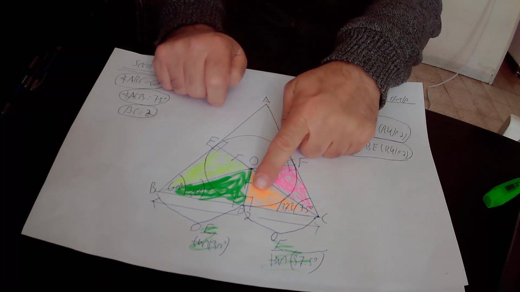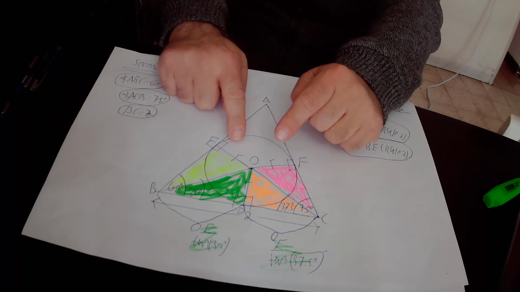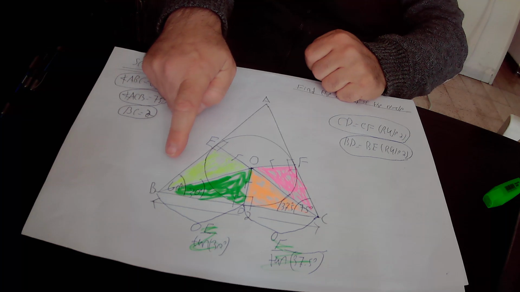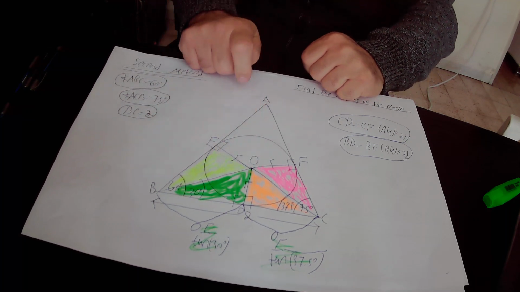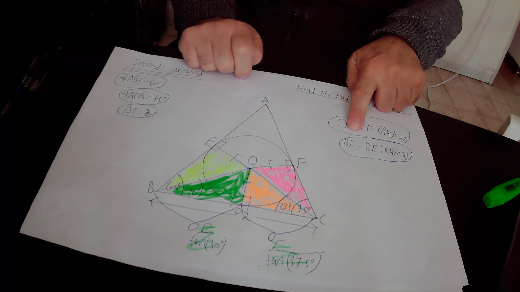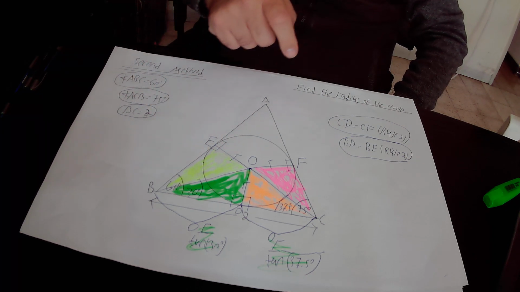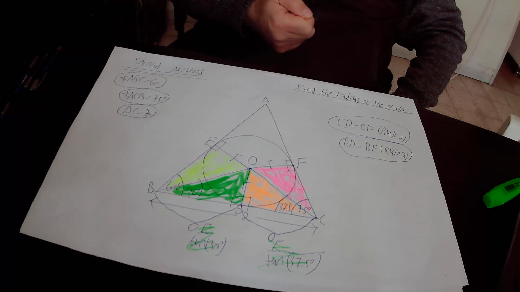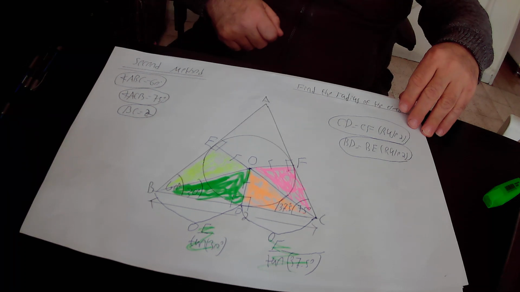EO equals OD, they are both radii of the circle, therefore they are equal to each other. In addition, EB equals BD according to rule number 2. And finally, side OB is a common side that belongs to both triangles, so we can write down that OB equals itself.